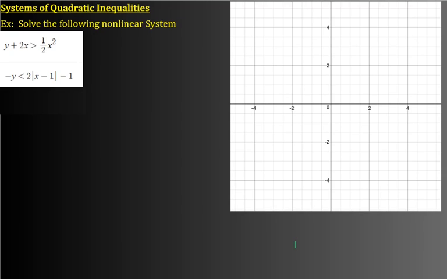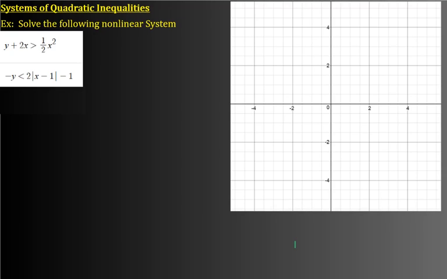And the only new part here is really just using what we learned about graphing quadratics, but the rest of it's basically the same, where the solution to a system of inequalities is still just the overlapping region between the 2 or 3 or 4 or however many inequalities you got. So let's just get into it.